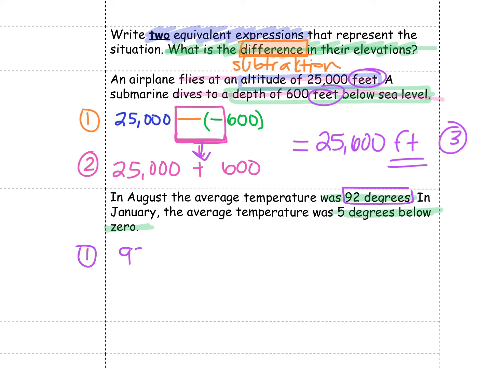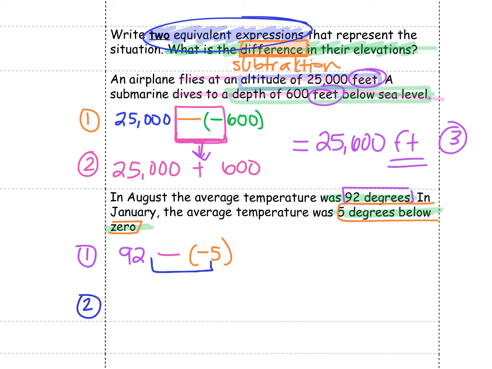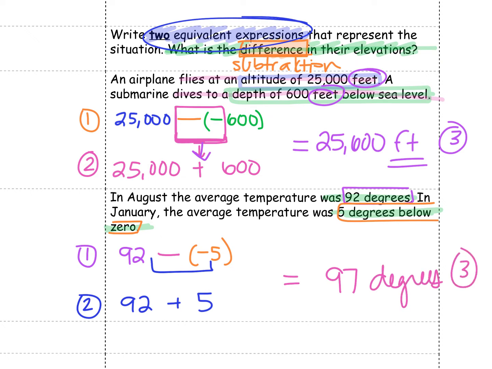I know that's a positive 92. 5 degrees below 0, that number is a negative 5. Find the difference is a subtracting problem. The second expression is my second equivalent expression. Minus a negative, double negative, is the same as 92 plus 5. So then I know that this is going to equal 97 degrees. That's the third part to my problem and my answer.